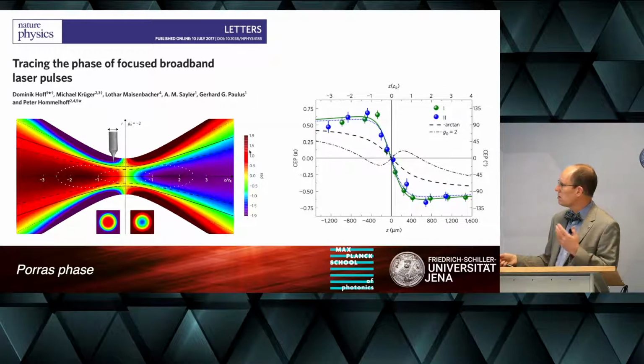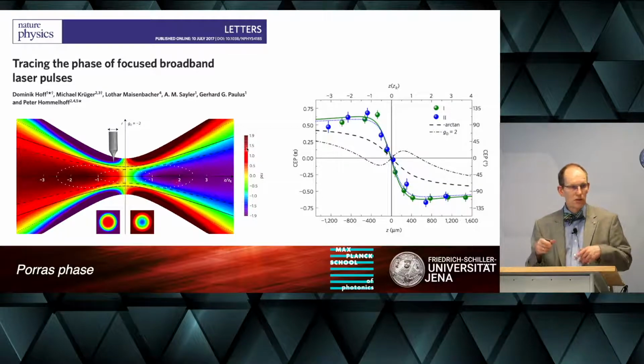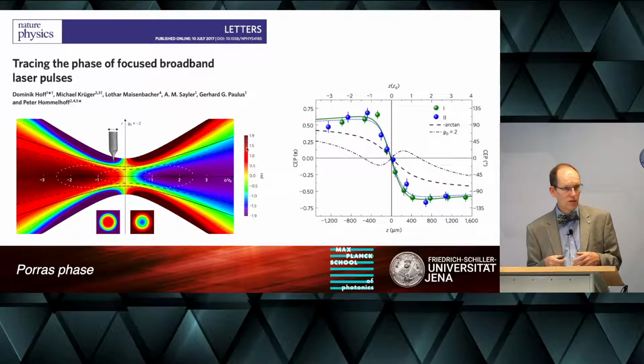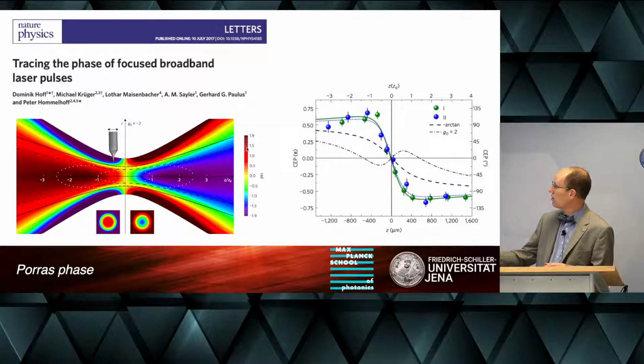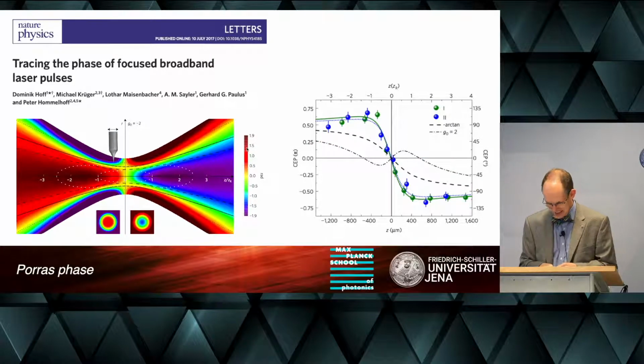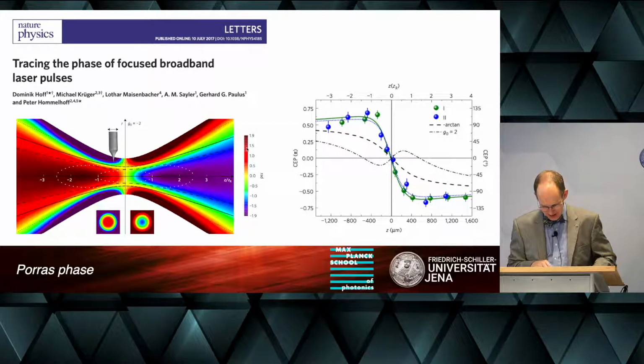Actually, the situation is even more complex. It depends on which distribution of divergences and beam diameters and so on you have in your beam. So the Gouy phase or this focal phase can also have this behavior. Then it's really different. But to produce such a distribution wouldn't be so easy.